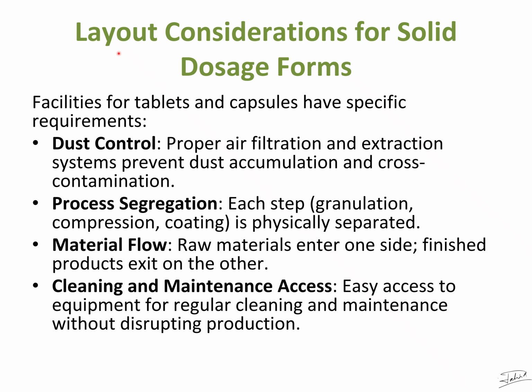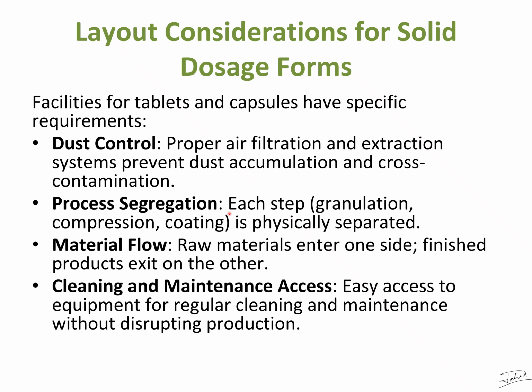So let's check several layout considerations for solid dosage forms. During solid dosage form manufacturing, one of the important factors is dust, because whenever solids are mixed, heavy dust is formed due to fine particles. Proper air filtration and extraction systems prevent dust accumulation and cross contamination. So we need to do the layout design in that way for proper dust control.